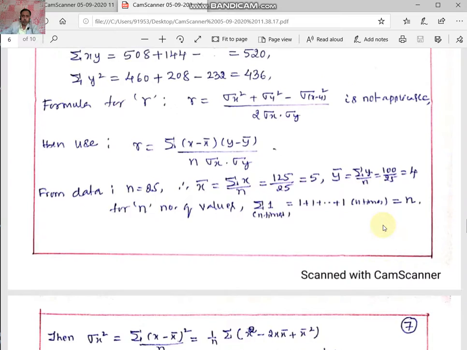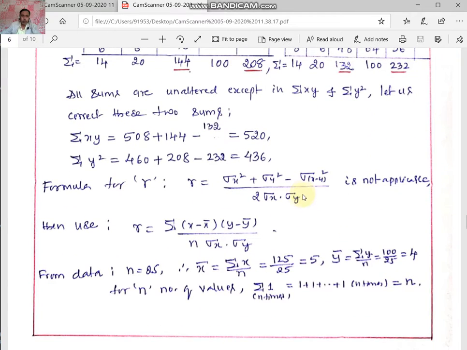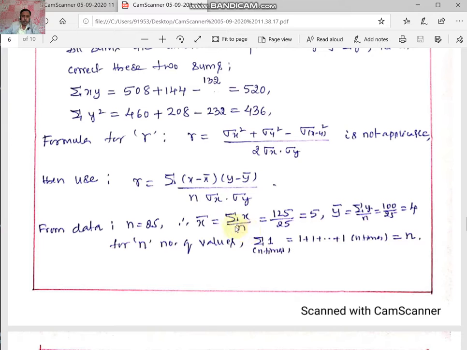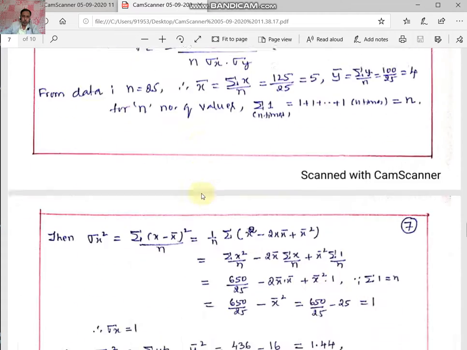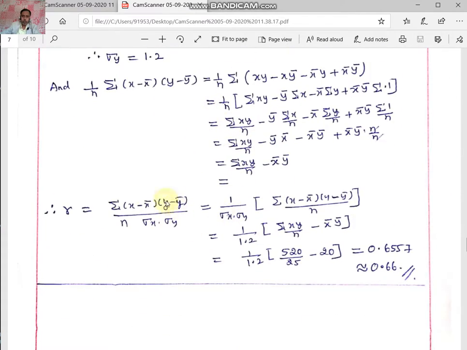So in this problem, we could not apply this formula. So we have used this formula and some modifications have been done for the given data. Then R formula reduces to 1 by sigma x sigma y into sigma (x minus x bar)(y minus y bar) by n.